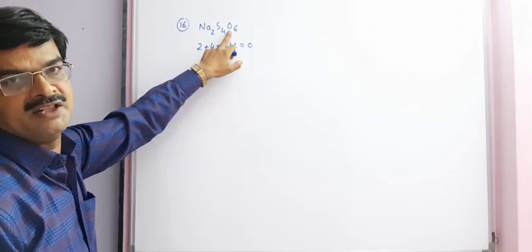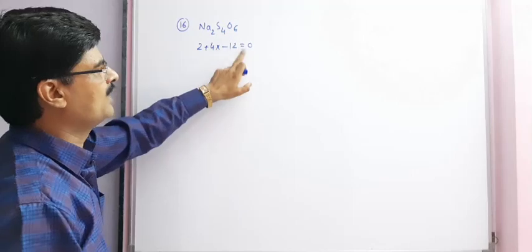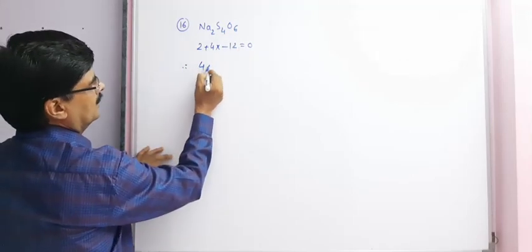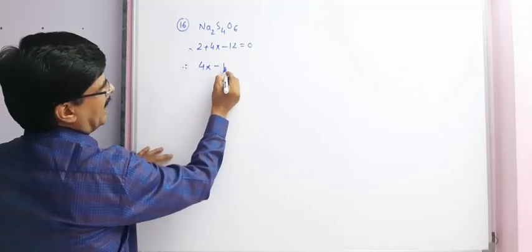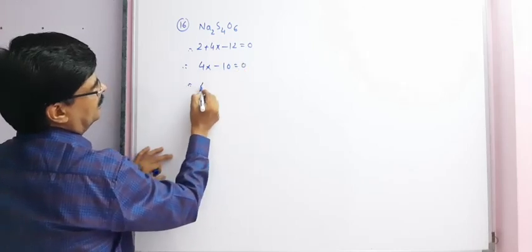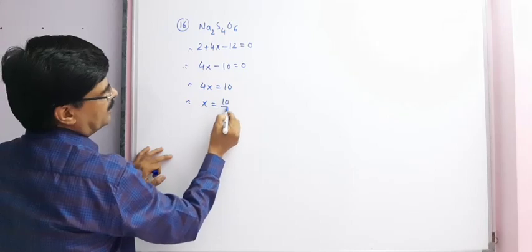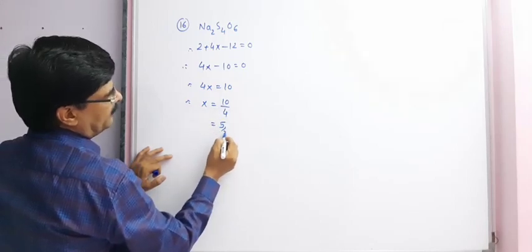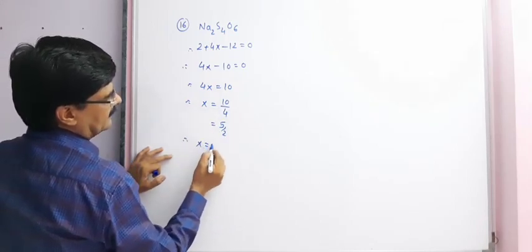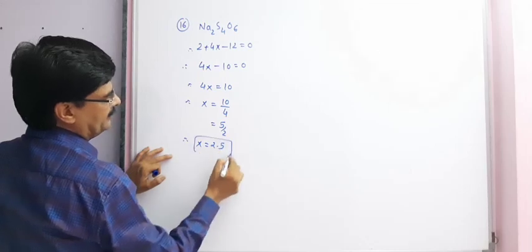For each oxygen it is minus 2, so 6 twos are minus 12. Therefore, 4x minus 10 is equal to 0, 4x is equal to 10. So x is equal to 10 by 4, or 5 by 2, or x is equal to 2.5.